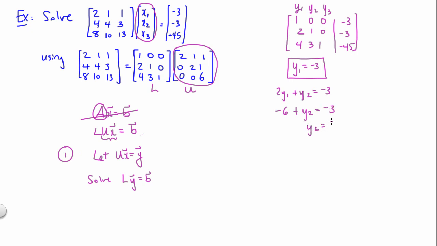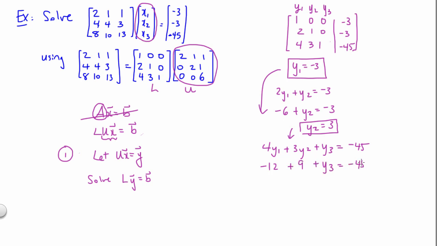In other words, y2 equals +3. So we'll put a box around that. And our bottom row is saying 4y1 plus 3y2 plus y3 is equal to -45. If we now plug in both of our known values here, we've got -12 plus 9 plus y3 equals -45, meaning y3 is equal to -42.